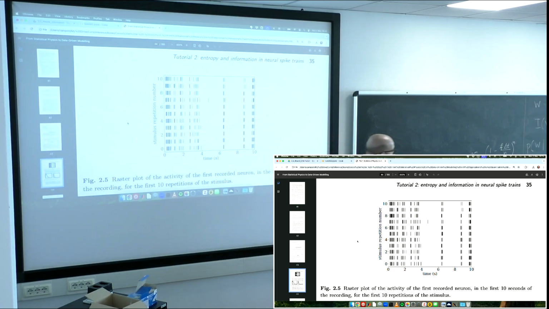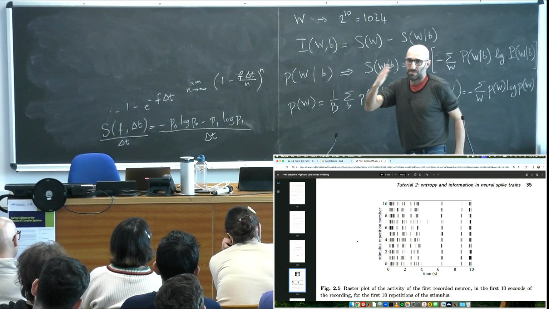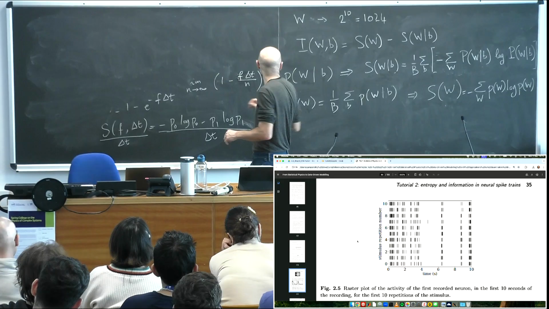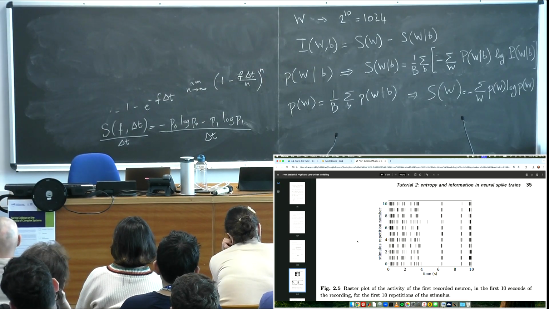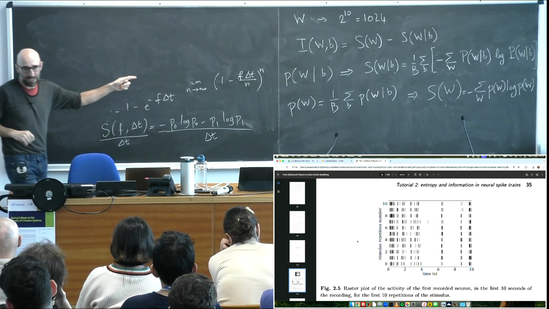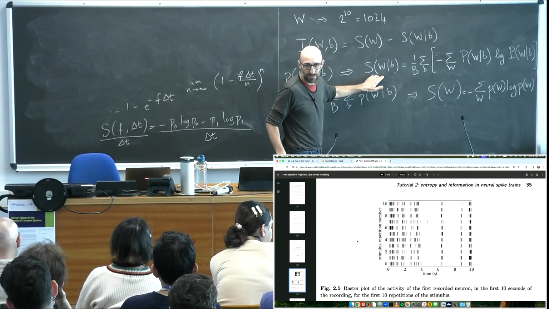So the measure of variability is this one, which is, with a discretization of time and so on, but this is telling you, if you fix a time, for example, you fix this time here, 7, and you look at the variability of what happens in the next 100 milliseconds, this is measured by this entropy. If there is no variability, this quantity is equal to 0.